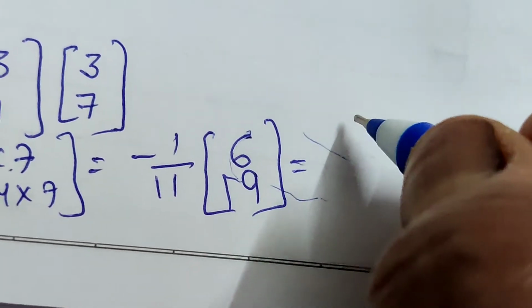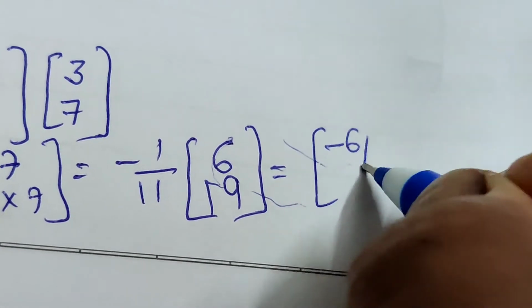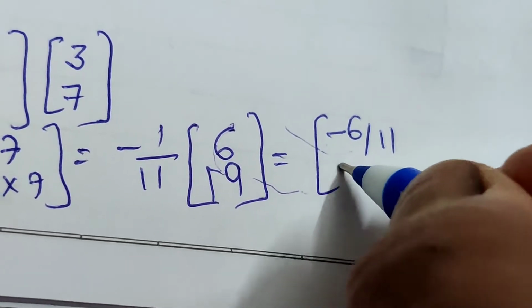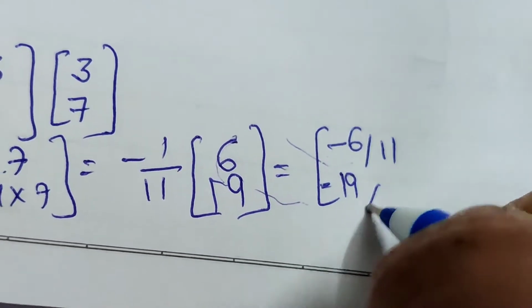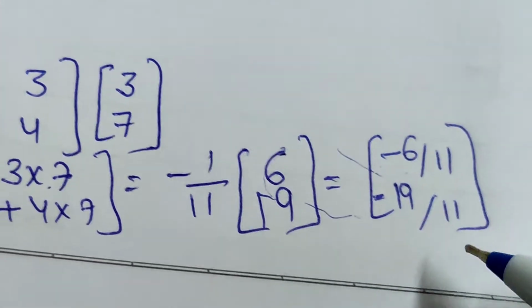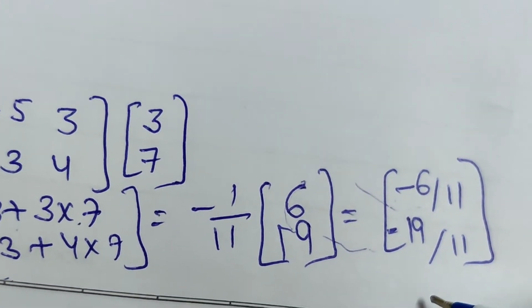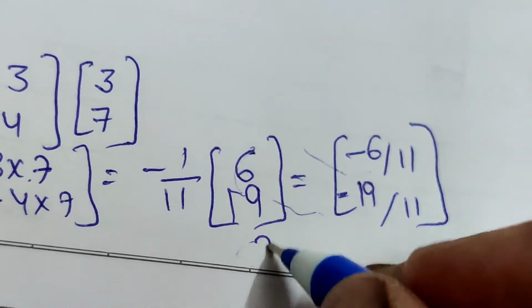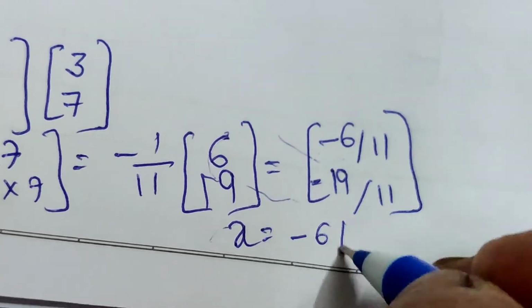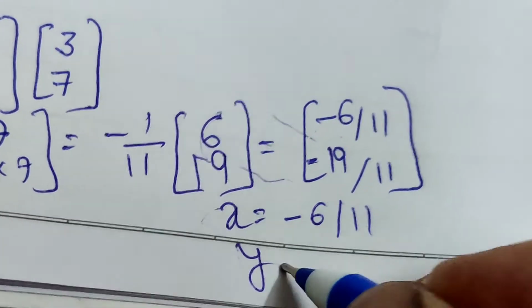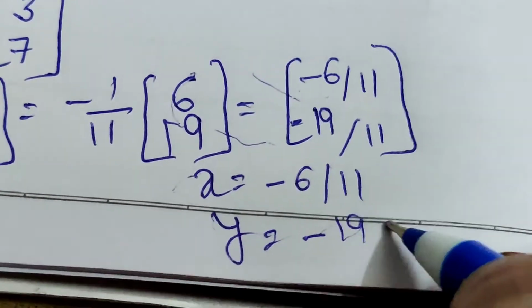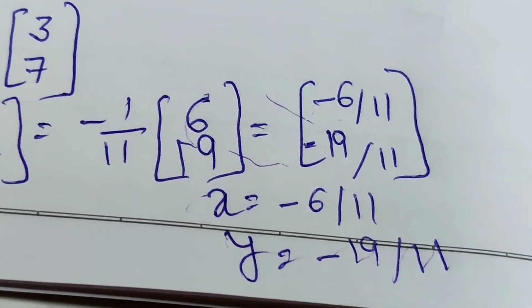We can write minus 6 by 11 and minus 19 by 11. So x equal to minus 6 by 11 and y equal to minus 19 by 11. Okay.